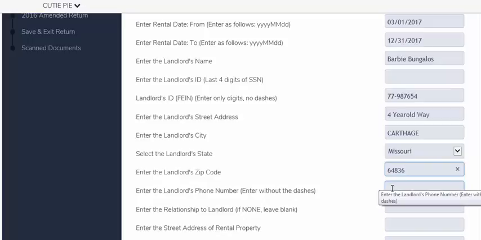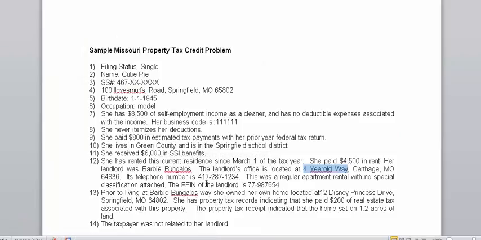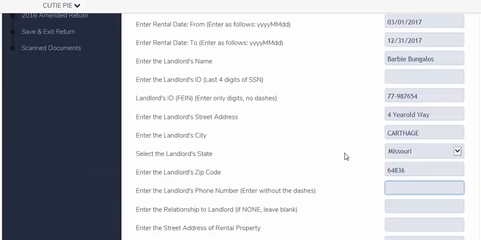Enter the landlord's telephone number. And that was 417-287-1234. And it asks you to enter without the dashes, so that's what we did.